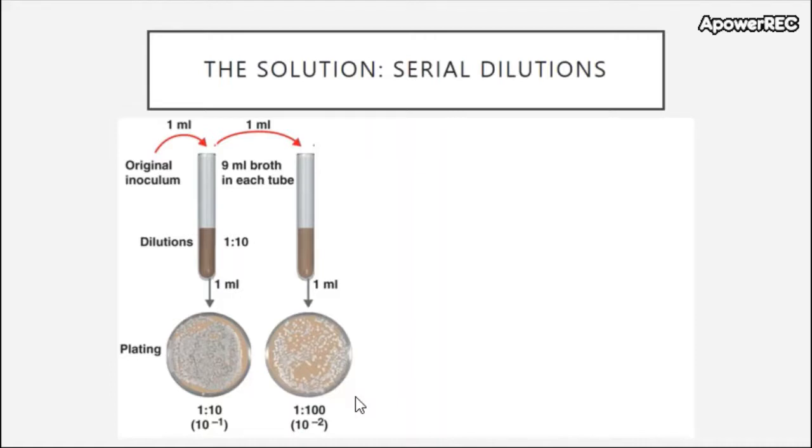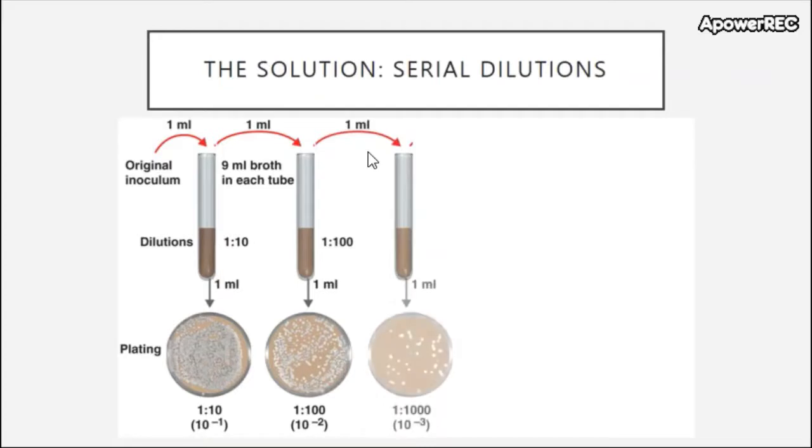We'll mix that tube up so it's nice and mixed, and we're going to take another mil and put it into a 9 milliliter broth tube. We added an extra mil, and that means we have 1 mil in 10 mils, or a 1 to 10 dilution.